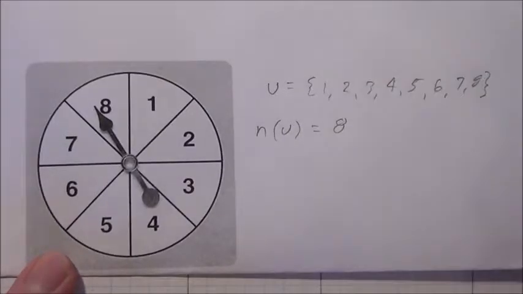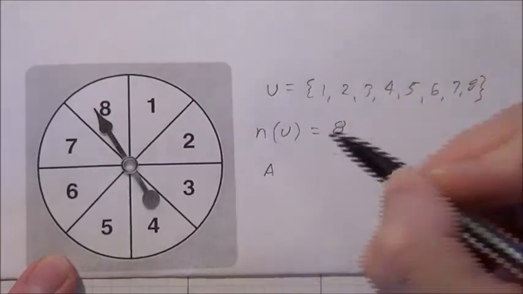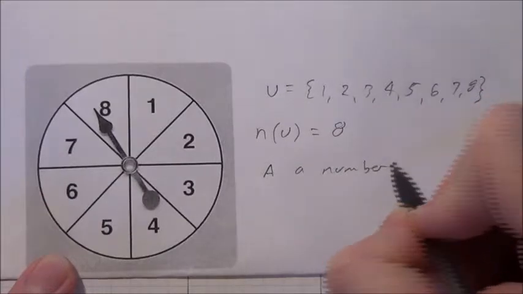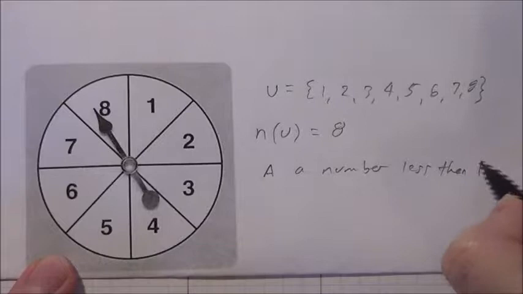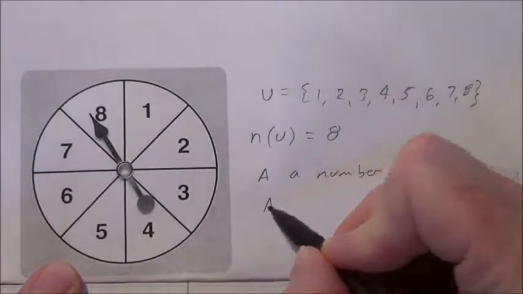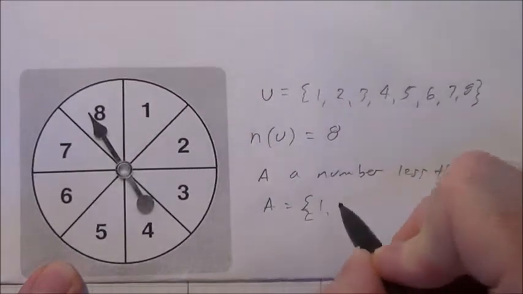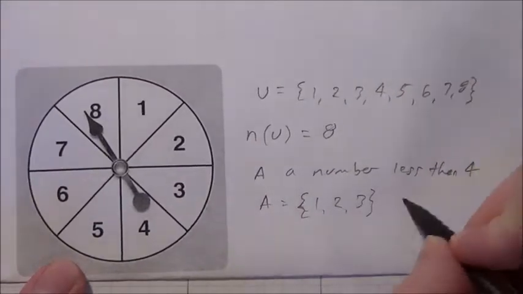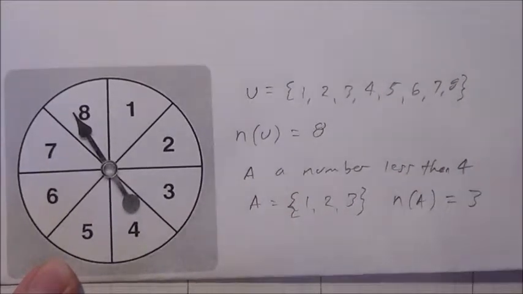And if, for example, I said, let's say event A is a number less than 4, then A is the set {1, 2, 3}. And then the number of elements in set A is 3.